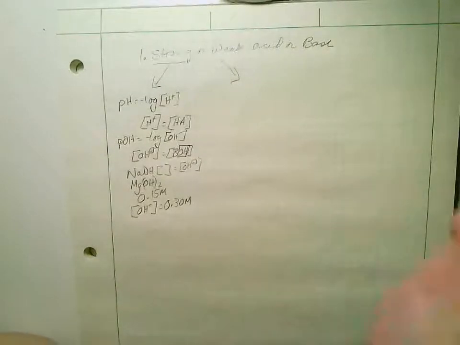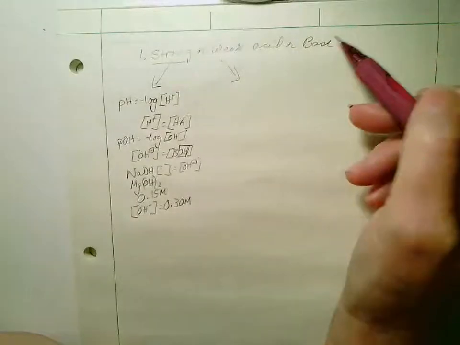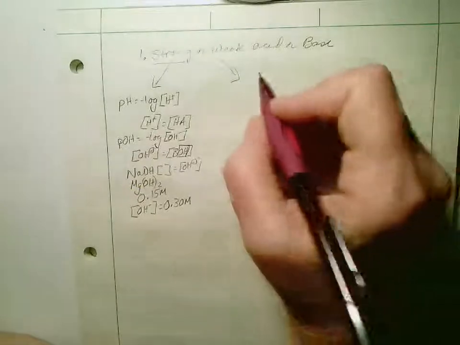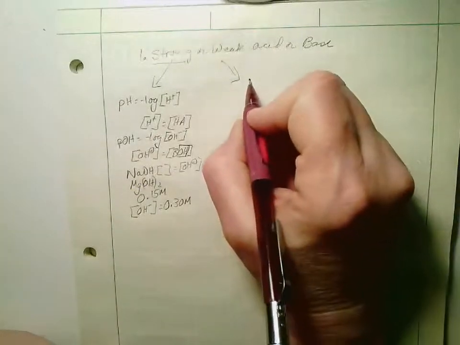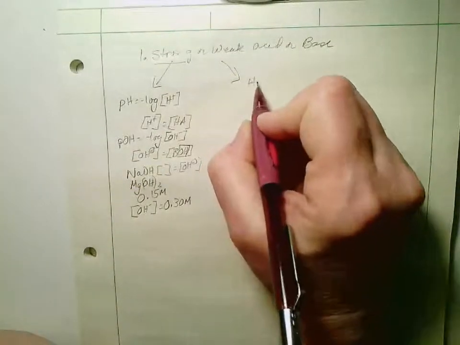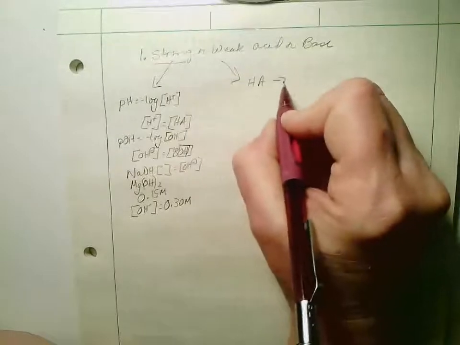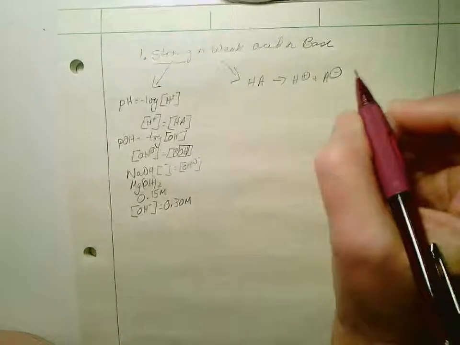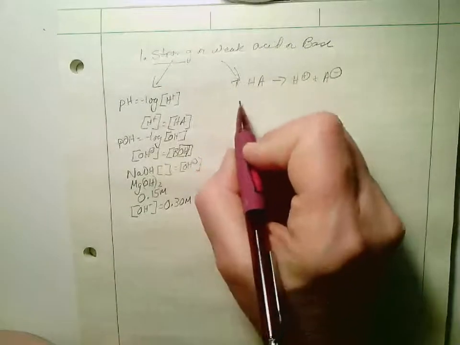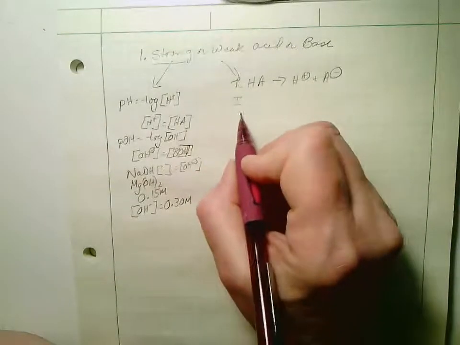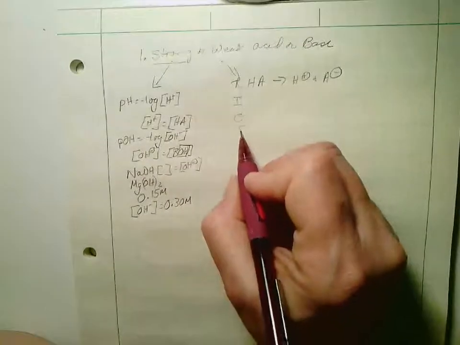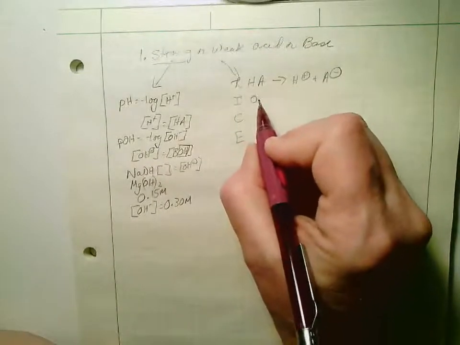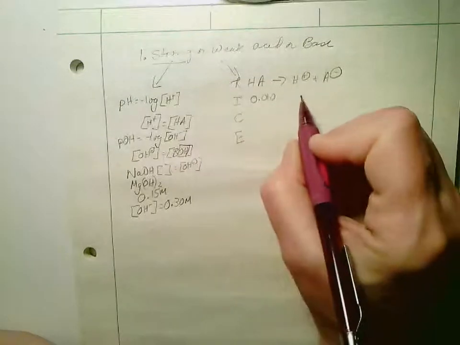We get a little trickier when we're doing weak acid or weak base titrations or pH calculations, because we have to write out that equation. So we have HA yields H plus and A minus. We're going to do RICE. We have initial, change, and equilibrium. And let's say we had 0.010 molar here.